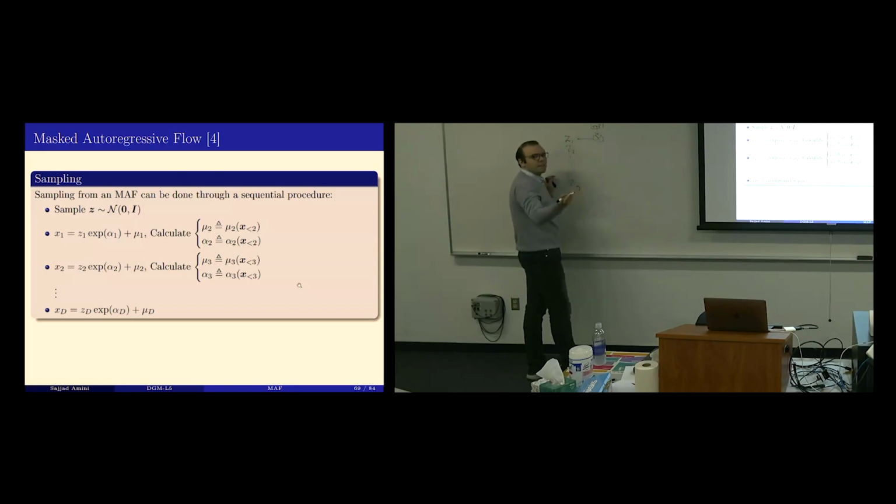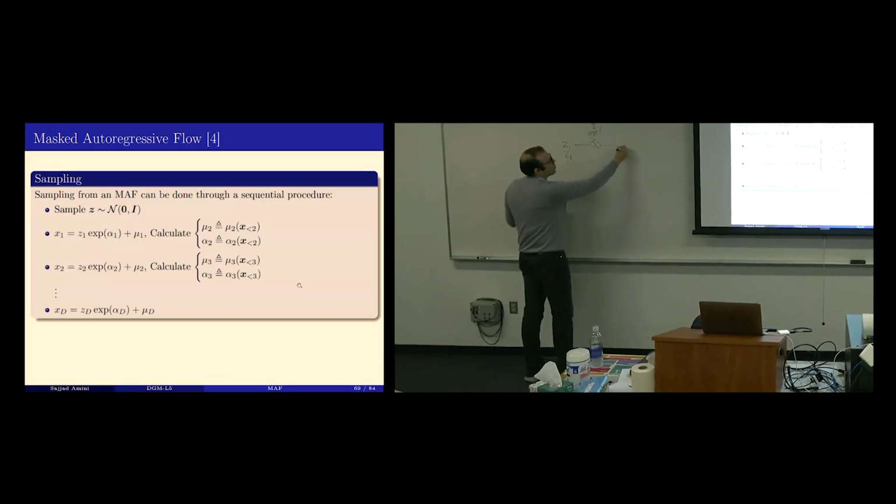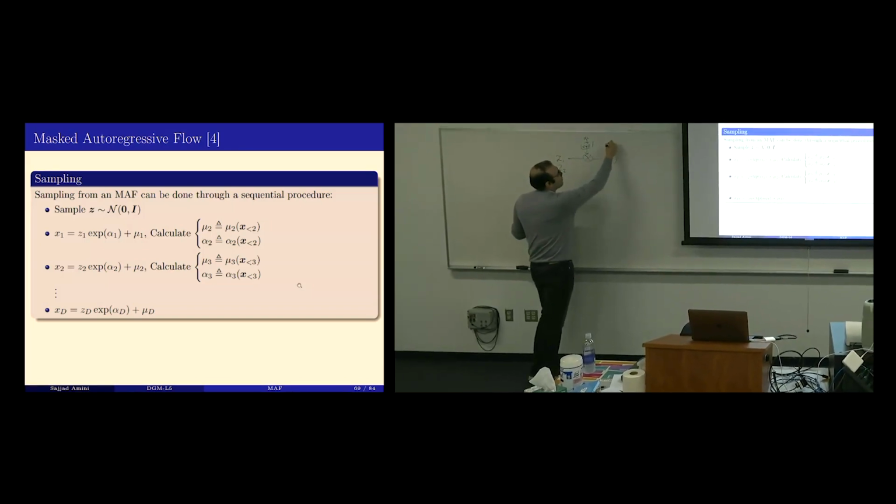X less than 1 is nothing because there is no element, so we assume it a scalar. And also, a mu1, which is also a function of x less than 1, is added. Again, this part has nothing to do because there is no element there. And you generate the first element, x1.